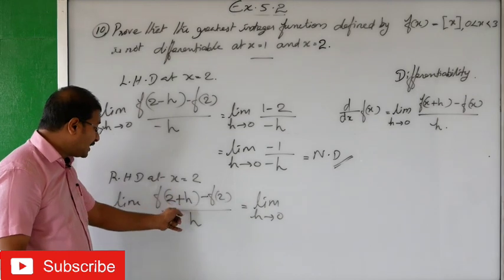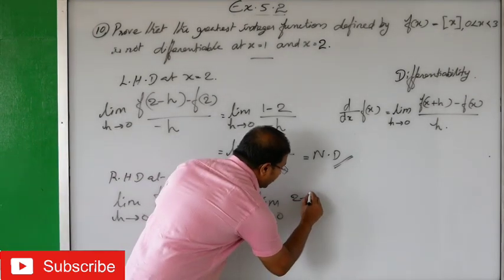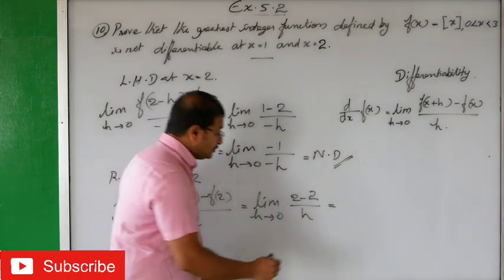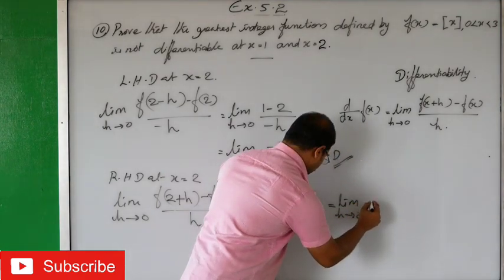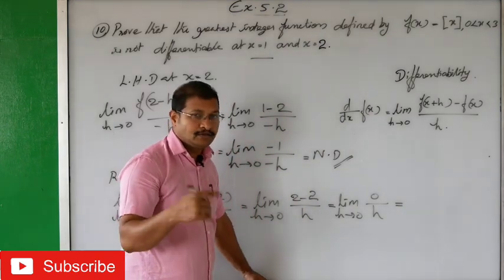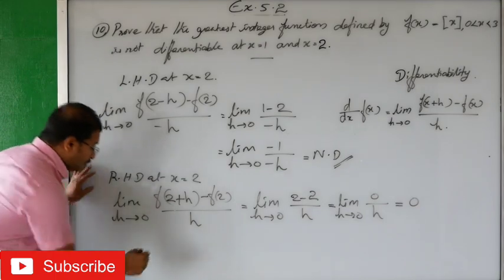What you will get here? This part you will be getting 2 minus 2 by h equals limit h tends to 0, 0 by h. 0 by h means we will get 0. See now what you got?